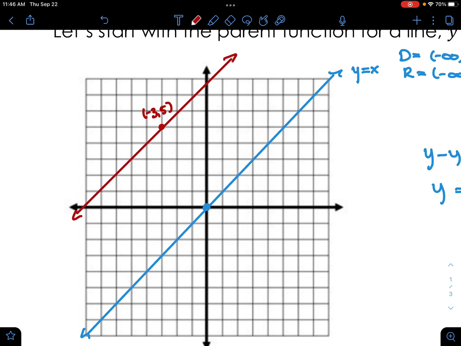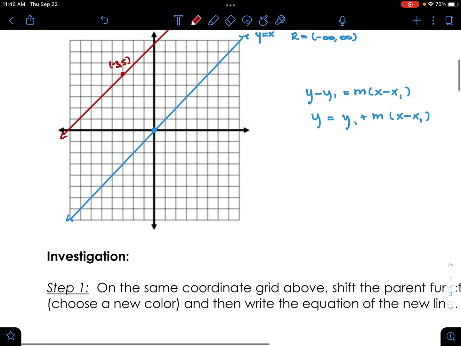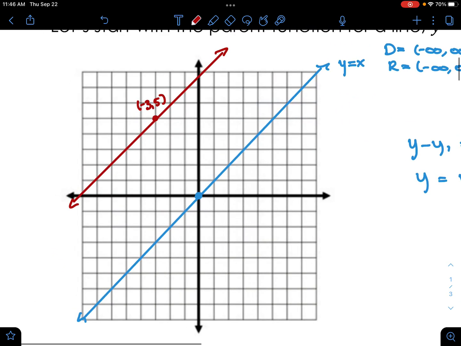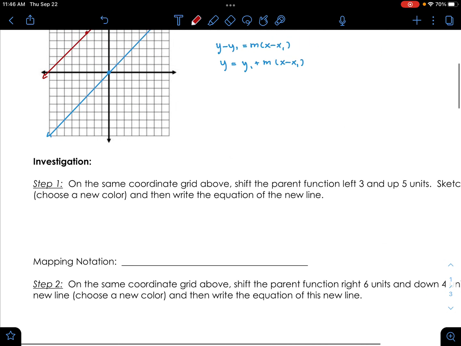And so now that we have this line, what we'd like to do is write an equation that represents this line. Because we have this new point, negative 3, 5, we could write this in point slope form so that it looks like this: y minus 5 equals 1, which is our slope, times x minus, or x plus 3, because it'd be minus negative 3.